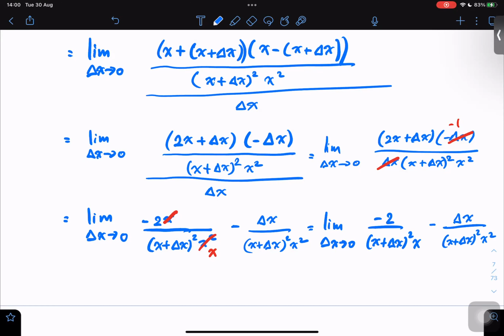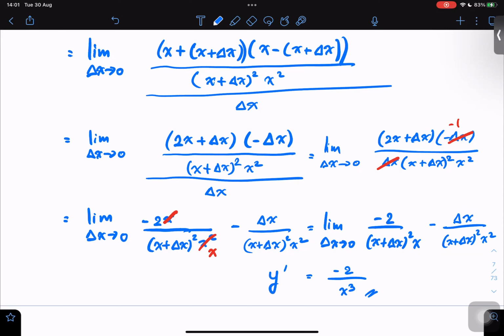You take the limit as delta x approaches 0, you will get minus 2 over x cubed, and this other thing will become 0, because of the delta x. So you get this. This one is y prime, or the slope of the tangent line of the function.